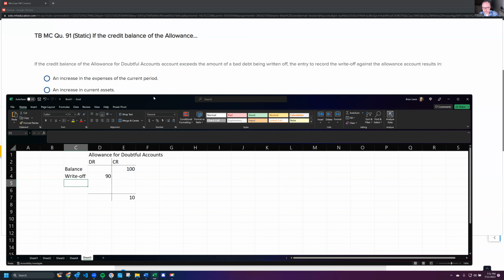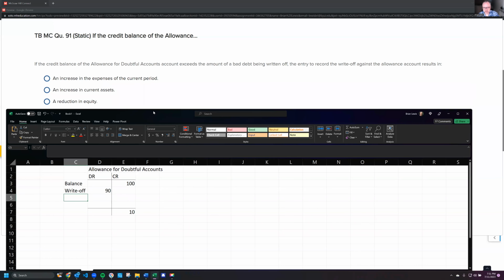I don't see how that works, but it could be that one. A reduction in equity, that's definitely not it, because we're only talking about a contra asset account.